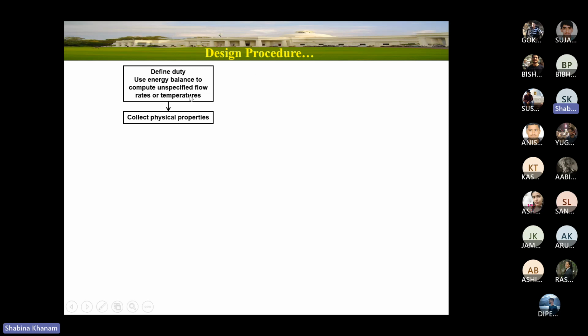It appears that you will have the cp value, but all these you need to collect, depending upon the fluid. That is a very tedious task, it's not very simple. I'll let you know how to do that. So you need to define duty and find out unspecified parameters based on physical properties which you need to collect.